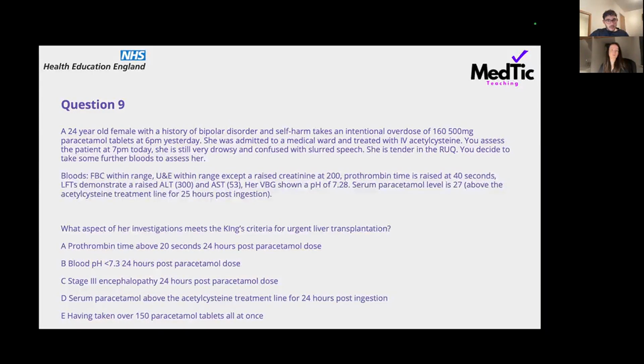She is still very drowsy and confused with slurred speech. She is tender in the right upper quadrant. You decide to take some further blood tests to assess her, and I can let you read them yourselves. And then the question is, what aspect of her investigation meets the King's criteria for urgent liver transplantation?